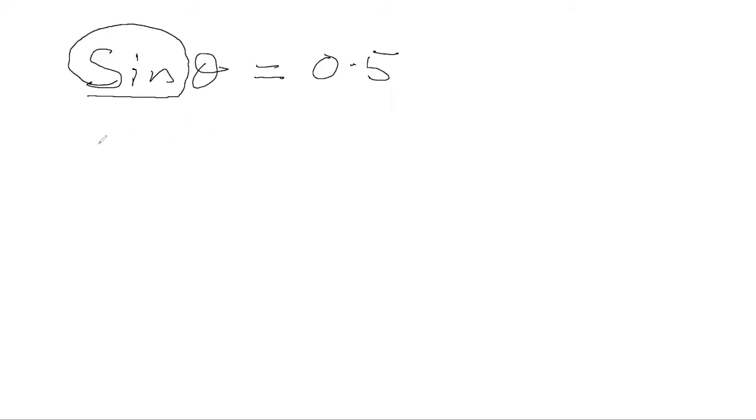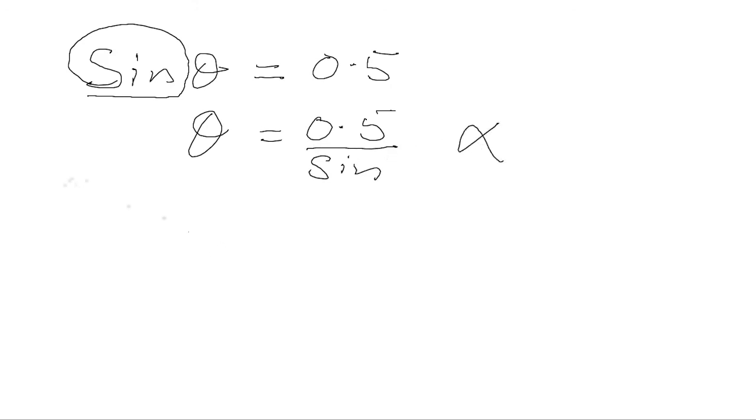So to isolate theta, they do like this: 0.5 divided by sine, which is meaningless. This is an English word, not a variable. In an equation, normally you have variables. Many students think that sine is a variable.